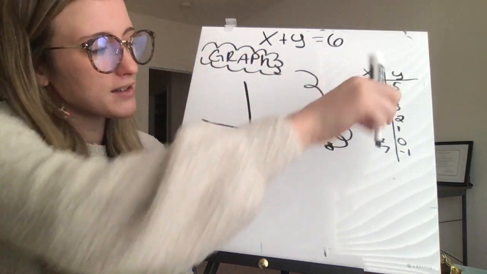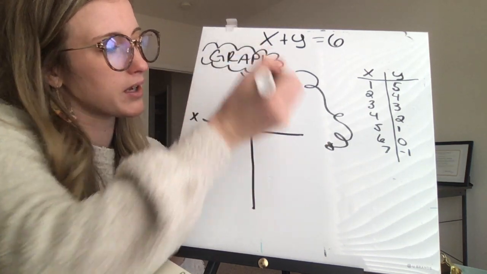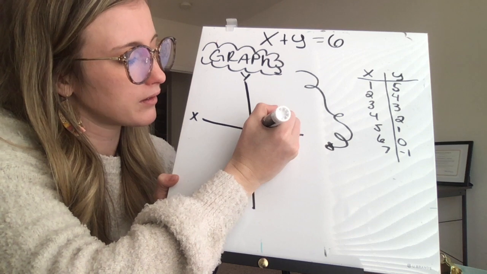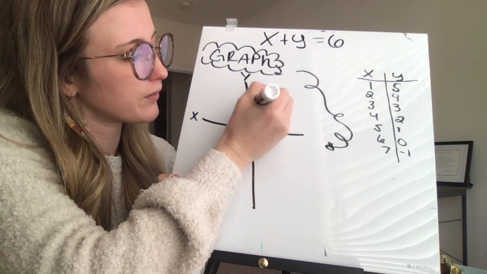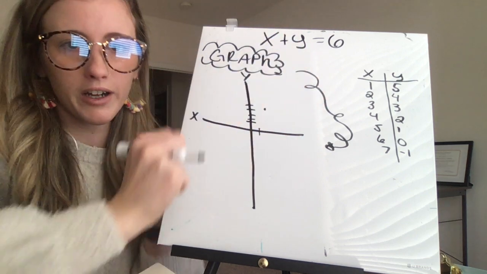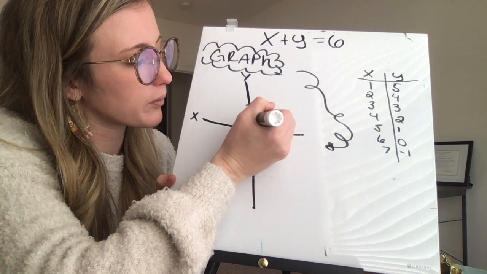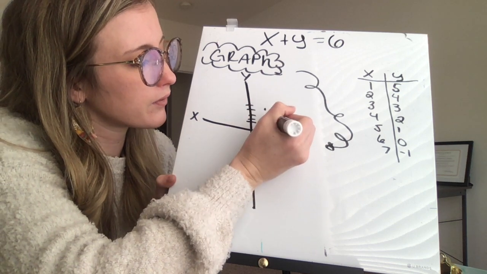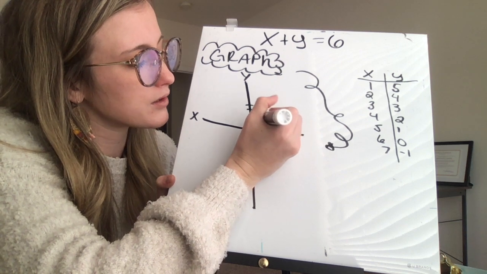If my x is 1, we know x is this way and y is this way. So I go over 1, up 5, and roughly put a dot there. Now let's do 2, 4: over 2, up 4. Over 3, up 3, and so on.